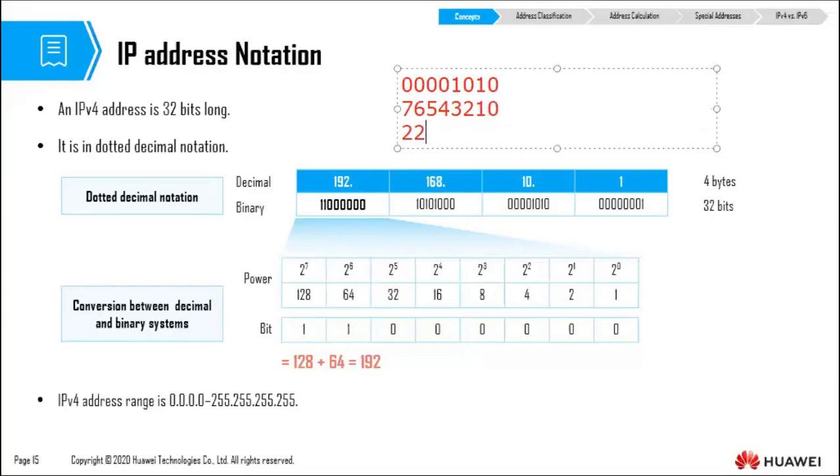So if we raised 2 to each of these, 2 raised to power 7 is 128, but when you multiply 128 by the digit, which is 0, you get 0. 2 raised to power 6, 64, times 0, 0. 2 raised to power 5, 32, times 0, 0. 2 raised to power 4, 16, times 0, 0. 2 raised to power 3, 8, times 1, 8. 2 raised to power 2, times 0, 0. 2 raised to power 1, 2 times 1, 2. 2 raised to power 0, 1 times 0, 0.